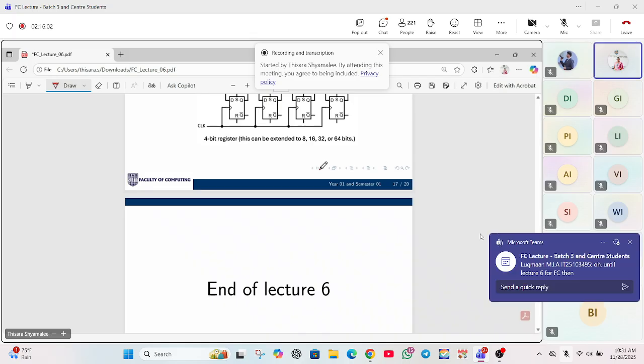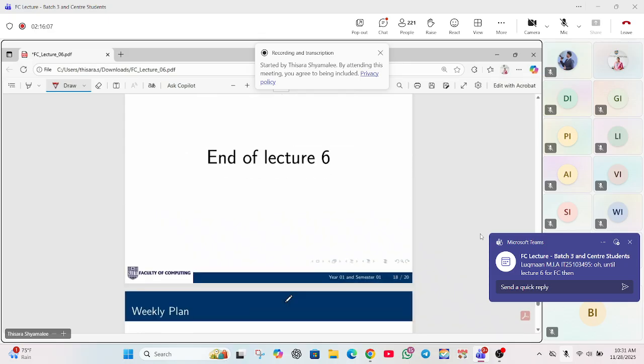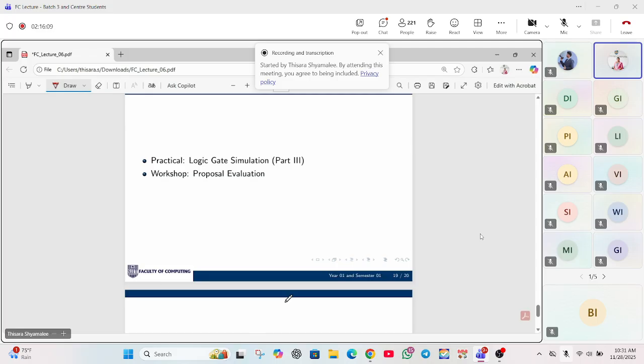I think you did the logic gate simulation part 3 worksheets. Am I correct?